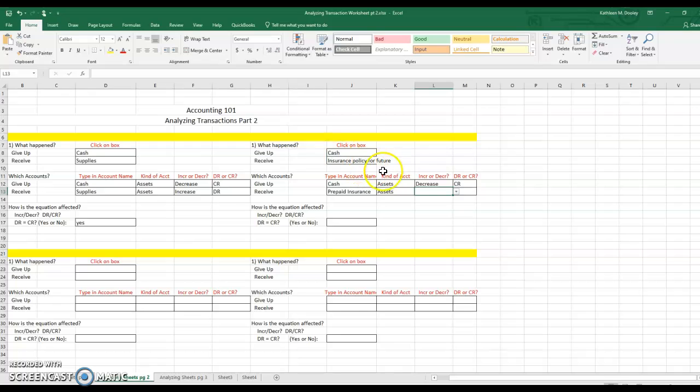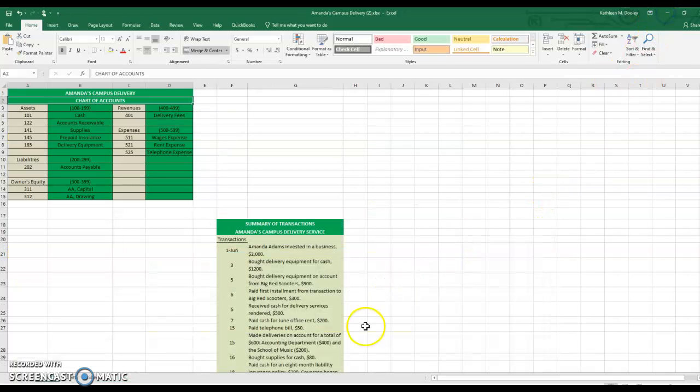We have more insurance policy for the future than we had 5 minutes ago, so that's an increase, and an increase in an asset is a debit. We have one debit and one credit, so yes, they balance. We go on to the next transaction.